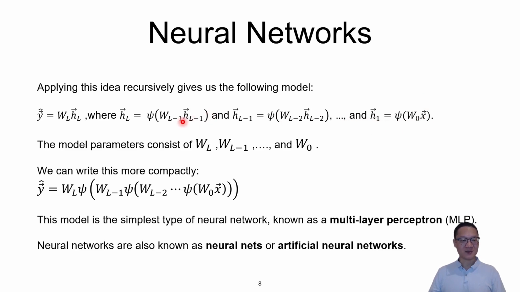So when we learn the model parameters, we're really learning w_L, w_{L-1}, and so on, all the way down to w0. This function can be written more compactly: y hat equals w_L psi of w_{L-1} psi of w_{L-2}, and so on, all the way down to psi of w0 x. Again, this is called a multi-layer perceptron.